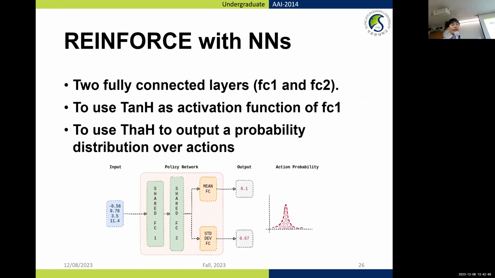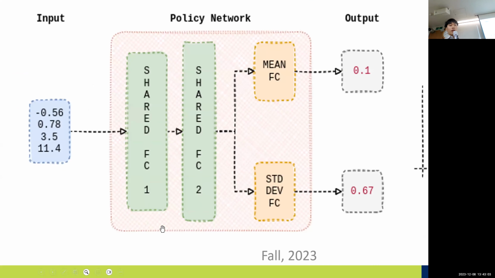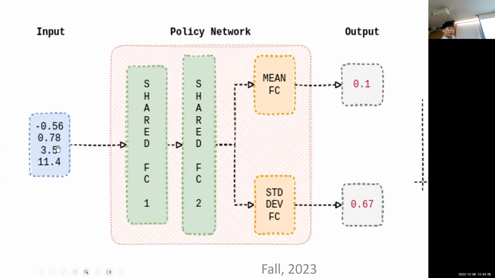So in our case, we use reinforcement learning with neural networks. Specifically, we use two fully connected layers, FC1 and FC2, as shown here. We have this input, which maybe is the position, the degree, depending on how you define it.